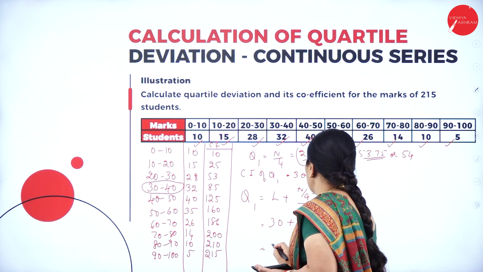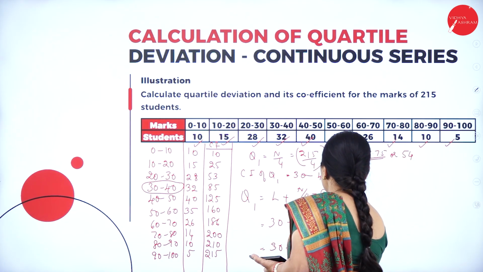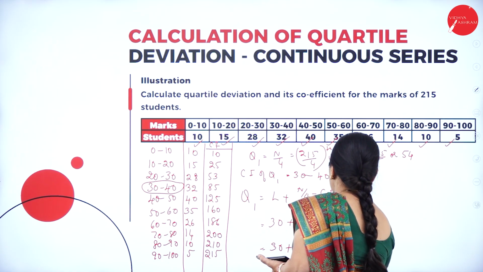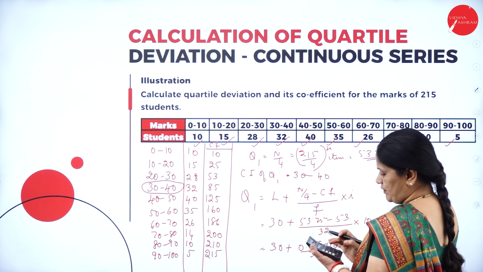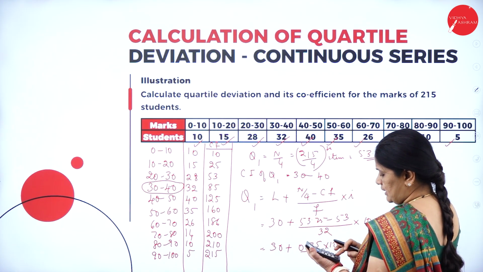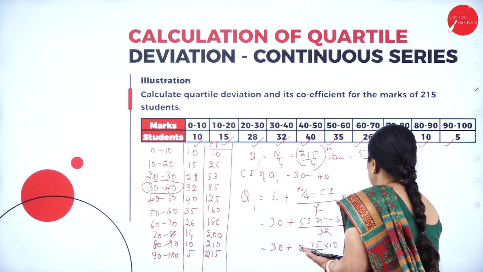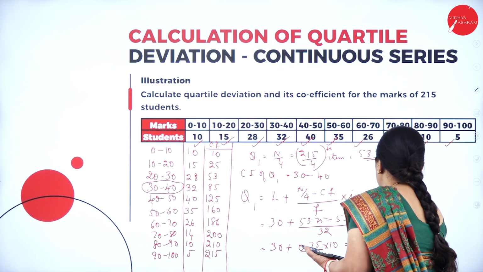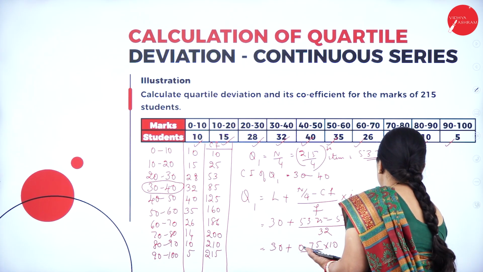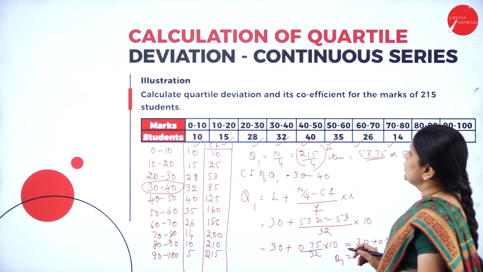So this will be equal to 30 plus 0.75 by 32 into 10, that is 0.75 into 10 divided by 32. So this will be 30 plus 0.23, that will be 30.23. So Q1 equals 30.23.